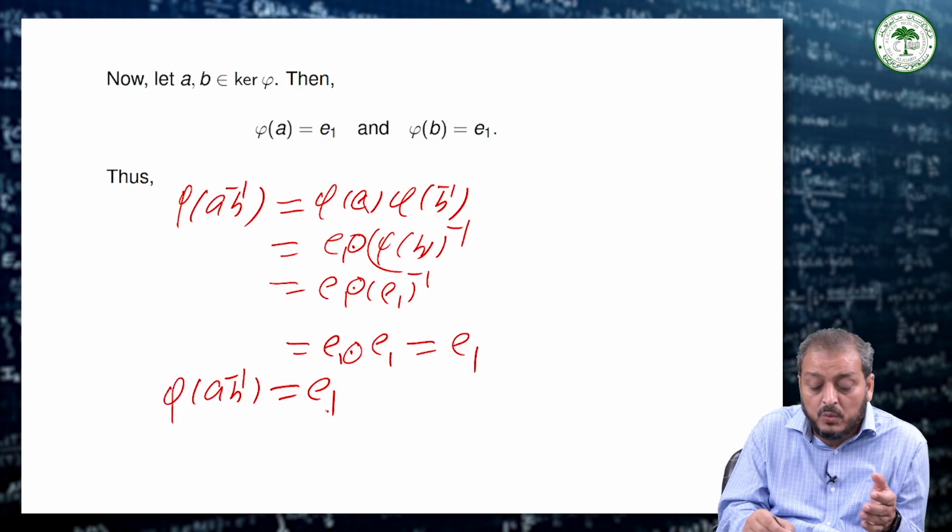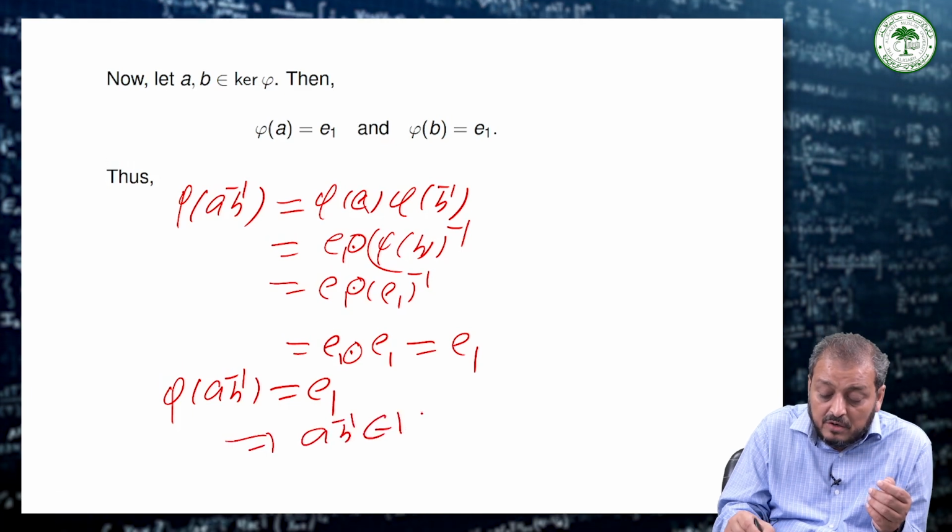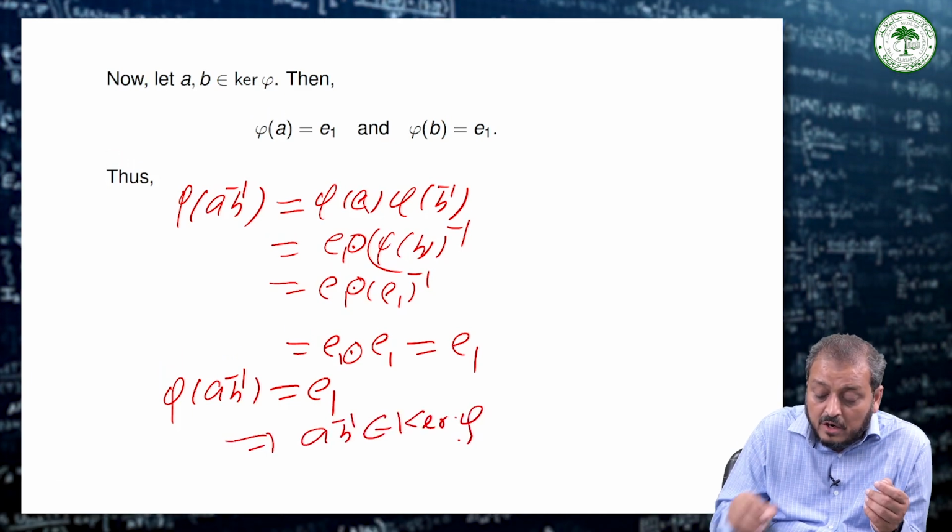If phi of AB inverse is equal to E1, this implies that clearly AB inverse is an element of the kernel of phi.